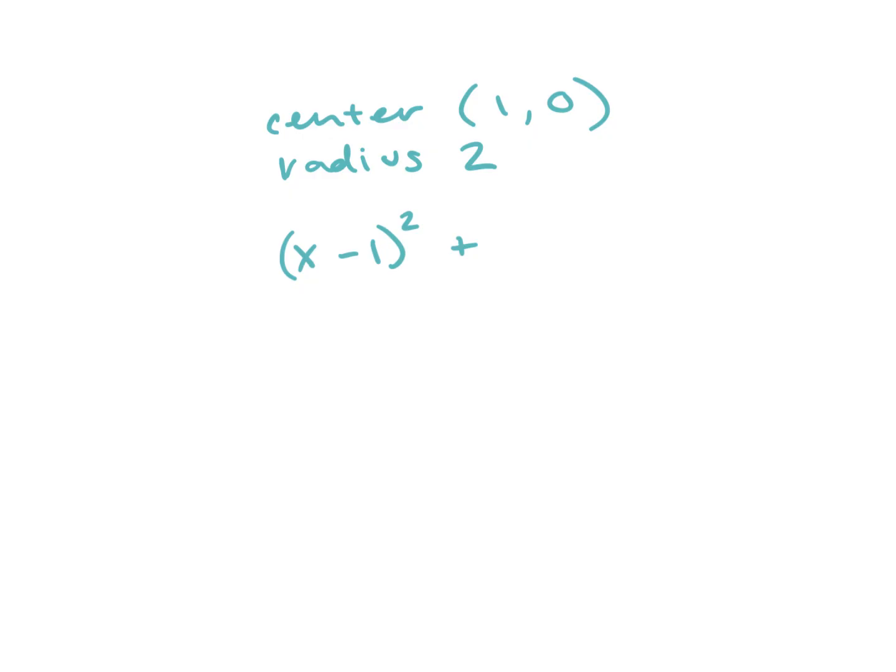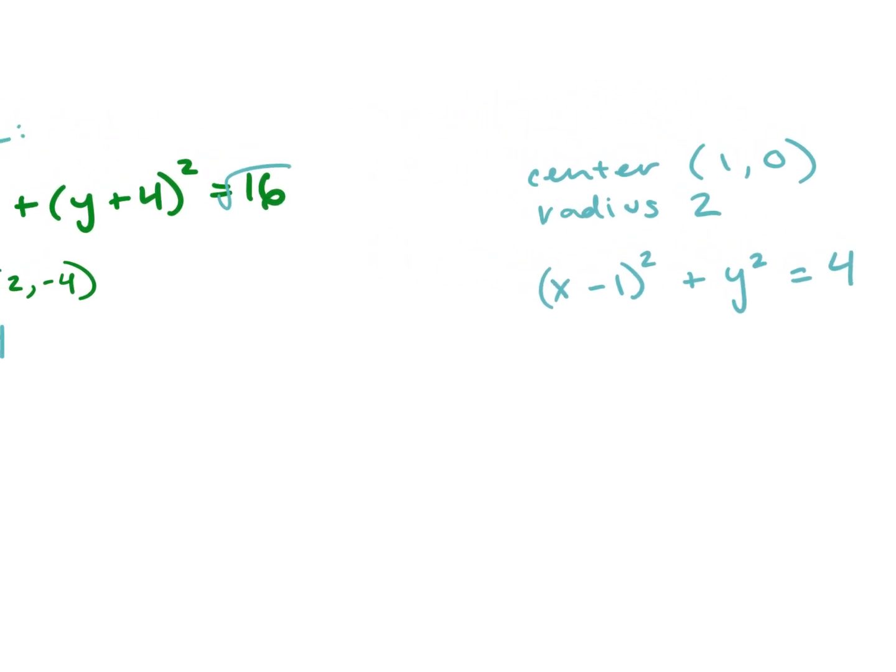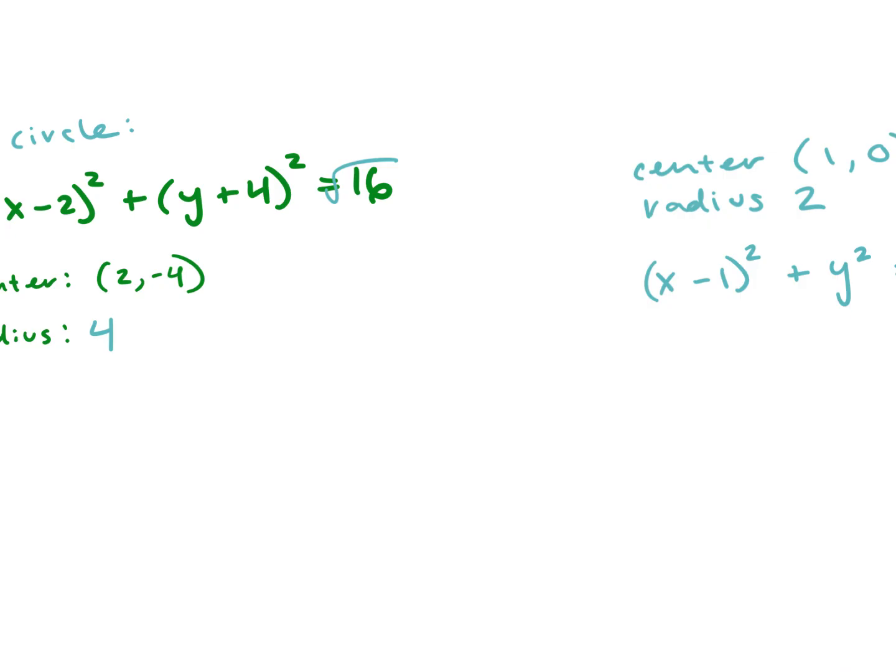How would we write that? Just y squared equals r squared. So 2 squared would be 4. So circle questions, you just really need to know the formula to be able to plug it in or identify your center. There's really not much math. You just got to know the formula.